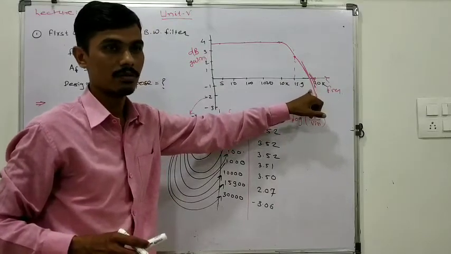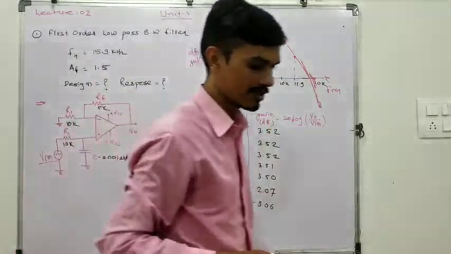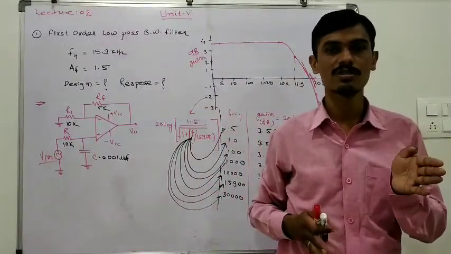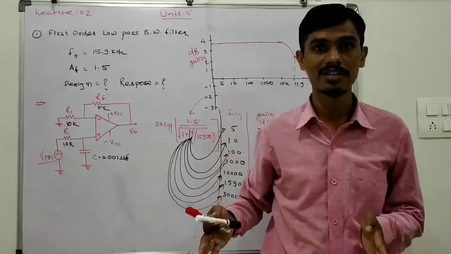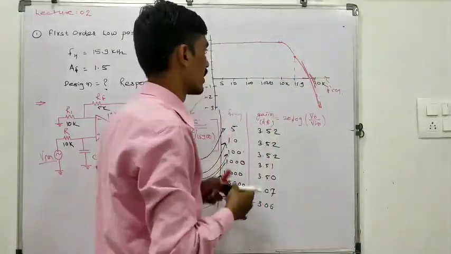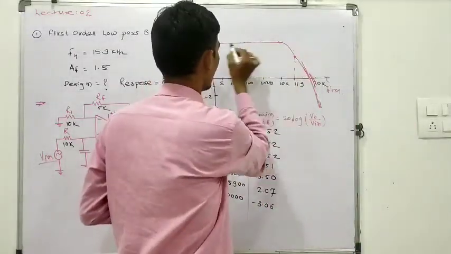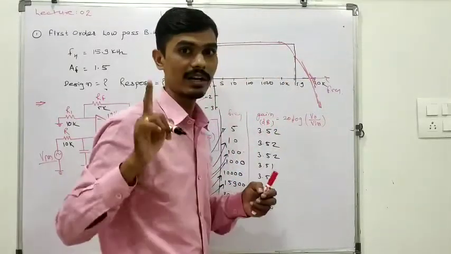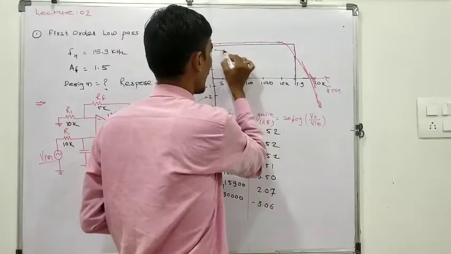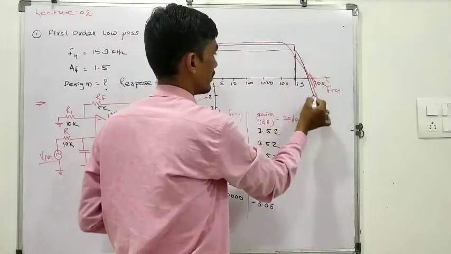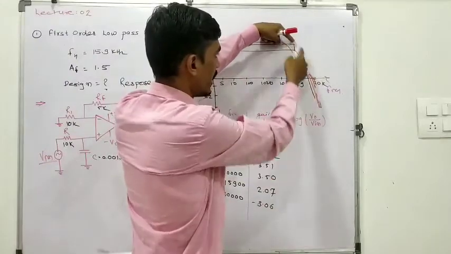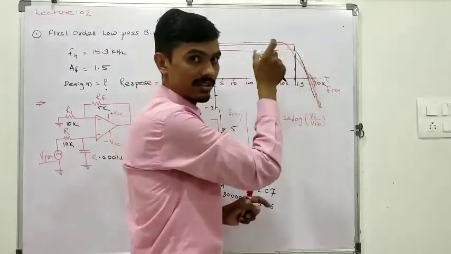Because we had discussed in the first lecture the ideal frequency response and the practical frequency response. In the ideal case the cutoff is exactly like this, but in the practical case we get a transition period. It will take some time to go from high to low.